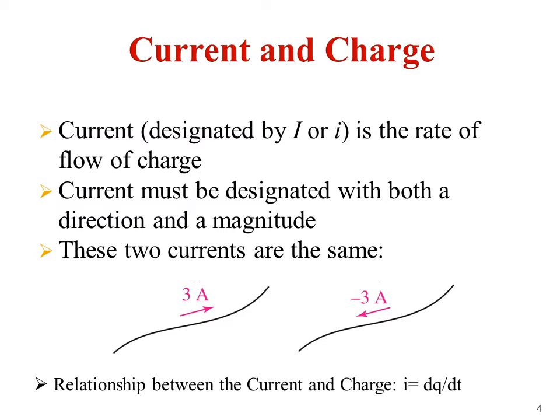If the direction is downward, it is designated minus 3 amperes. So current has to be designated with magnitude as well as direction. To summarize the relationship between current and charge, i equals dq by dt.